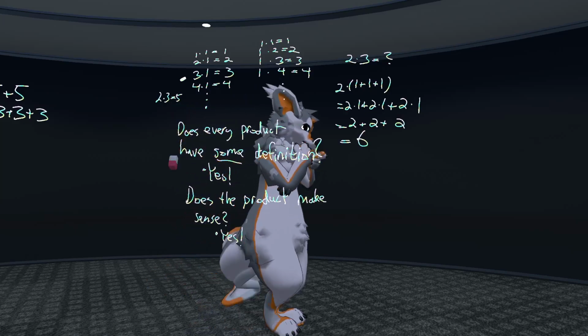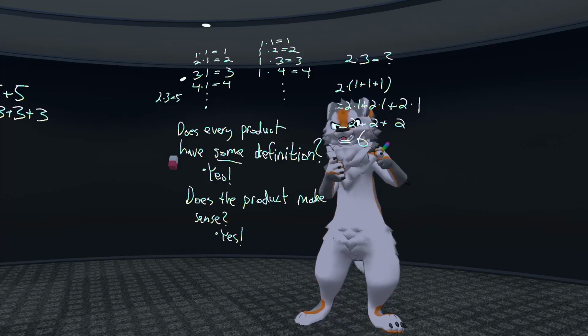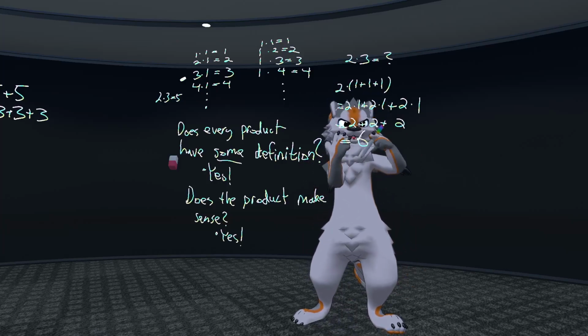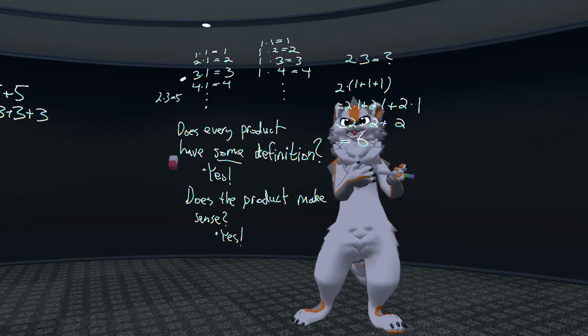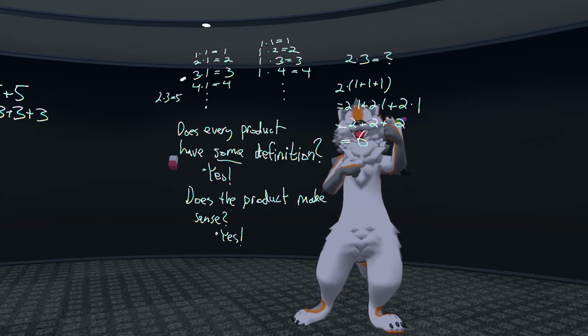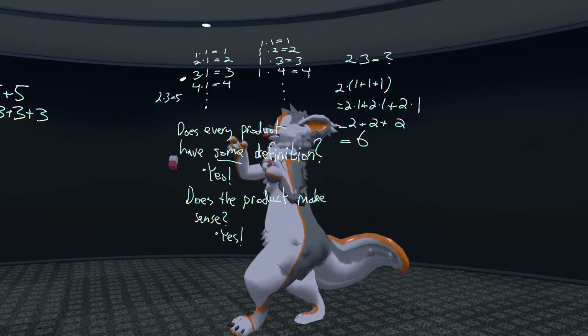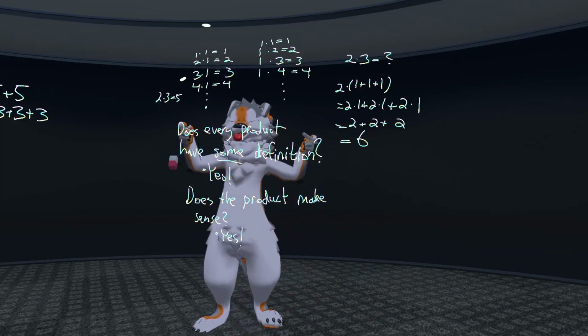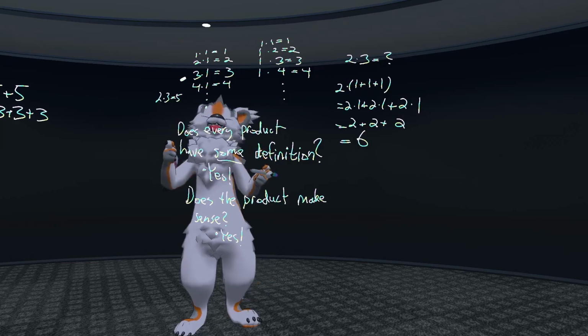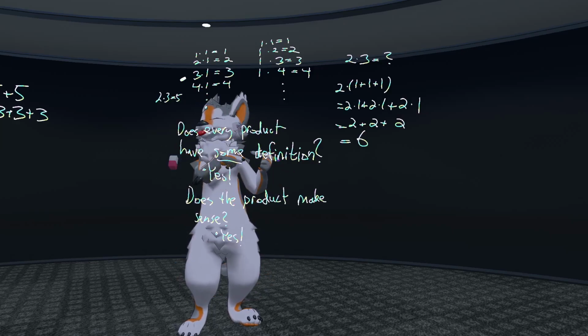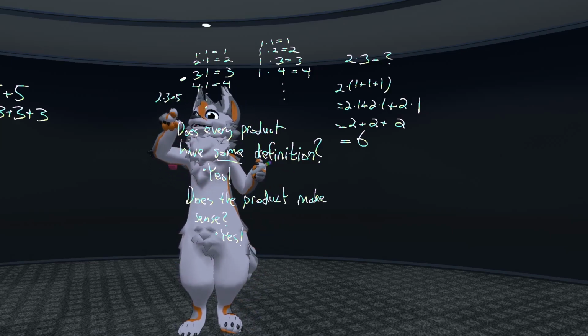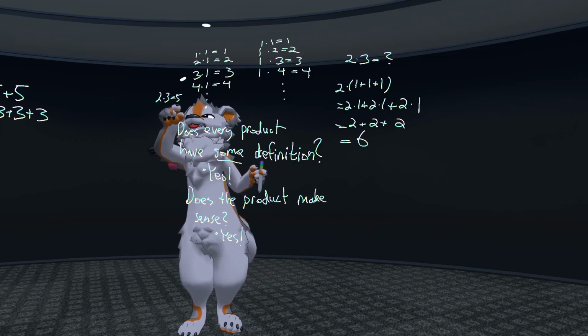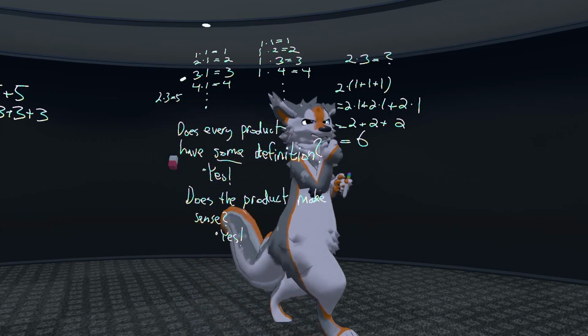And this is a part of the definition of an operation, because an operation is a function, and a function has to have a single value. We'll get to that later. But that would be just crazy. It can't be that our multiplication is simultaneously 5 and 6.